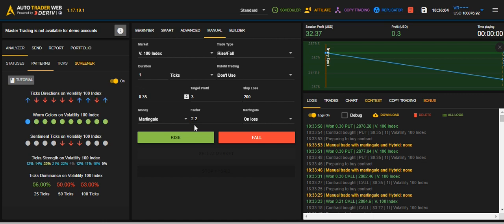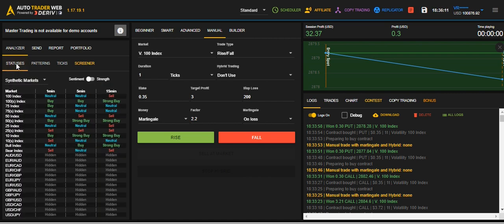The next important setup is on the left side, where there is a lot of information, supportive outcomes, mostly based on technical support like tick movements, overall whether it is up or not.